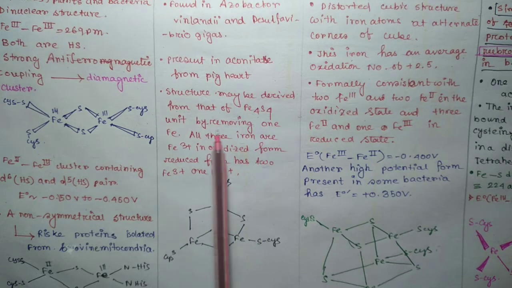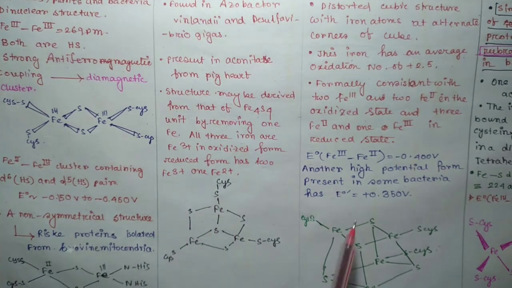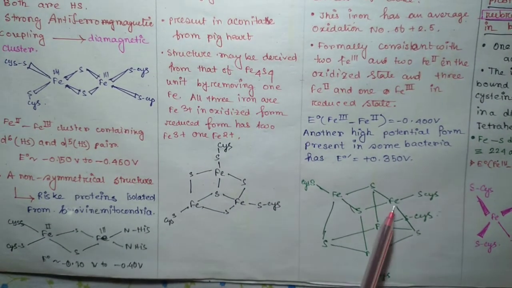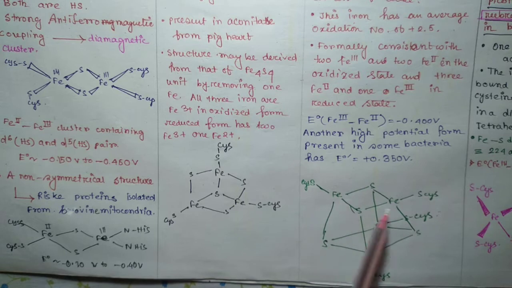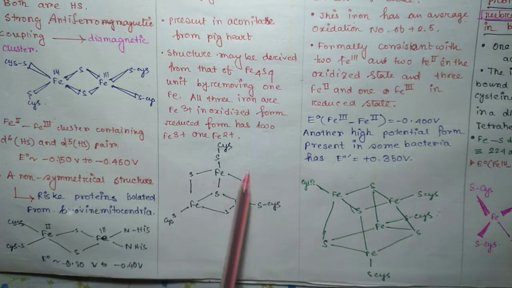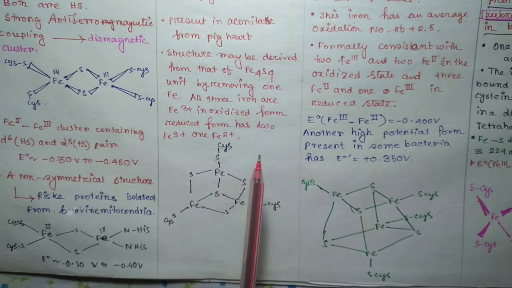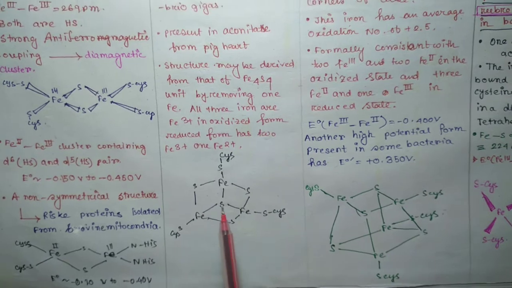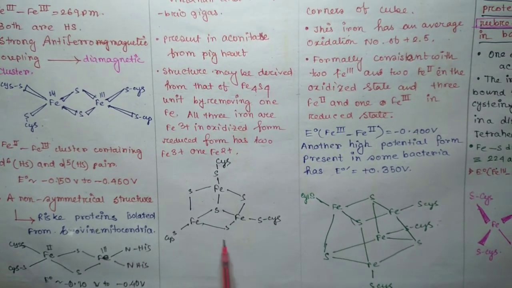units by removing 1 iron. Look at this structure of the 4 iron and 4 sulfur protein, where there are 4 Fe. If we remove 1 Fe from here, we get this 3 Fe and 4 sulfur protein. These are similar structures, cubane structures.